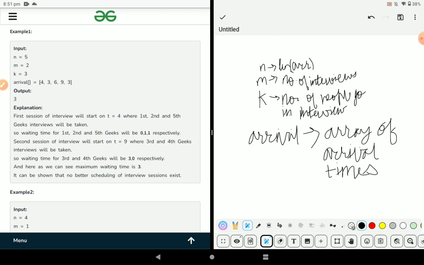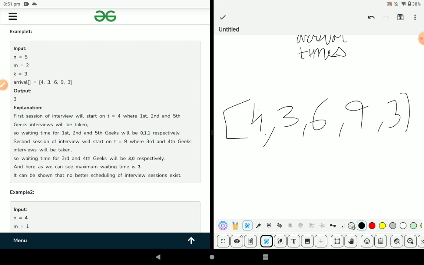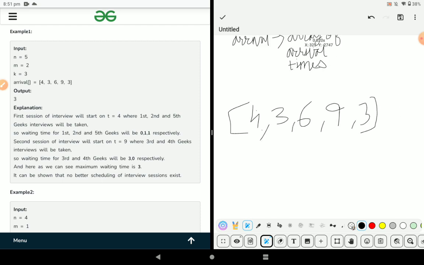The first session of the interview will start at t equals 4, where the first and fifth geeks' interviews will be taken. For example, we have been given the array 4 3 6 9 3. So these are the arrival times.